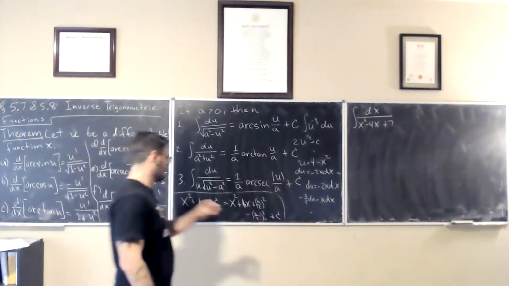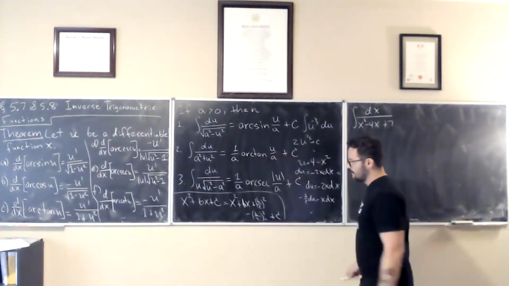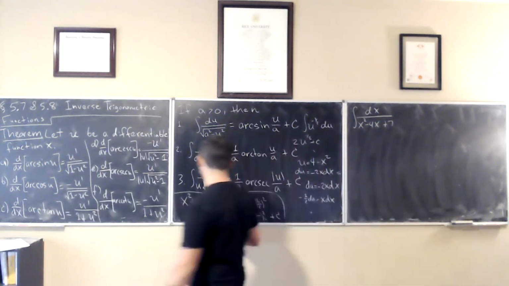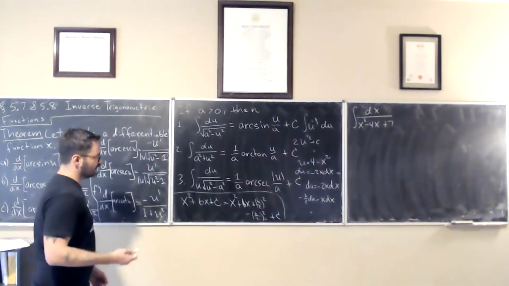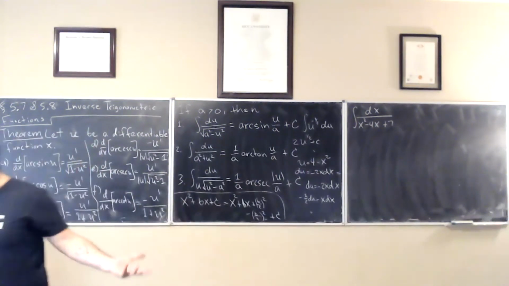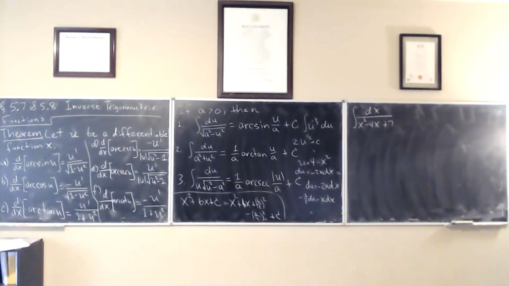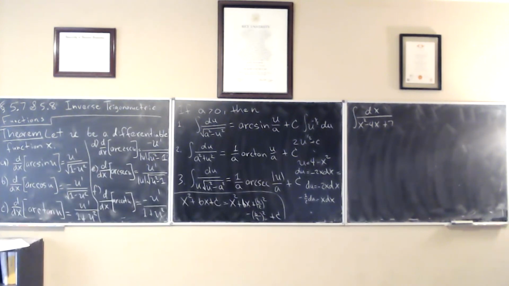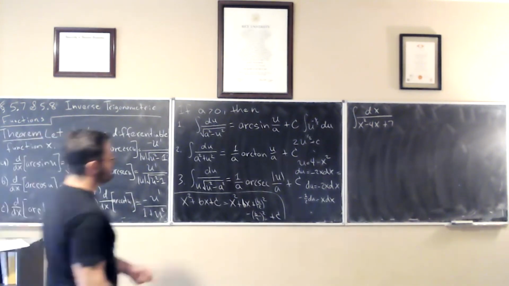If you have something like this, you can now write this as, what is the terminology? I just call it completing the square. Your book uses the same thing, I think. When you do this, you can factor.